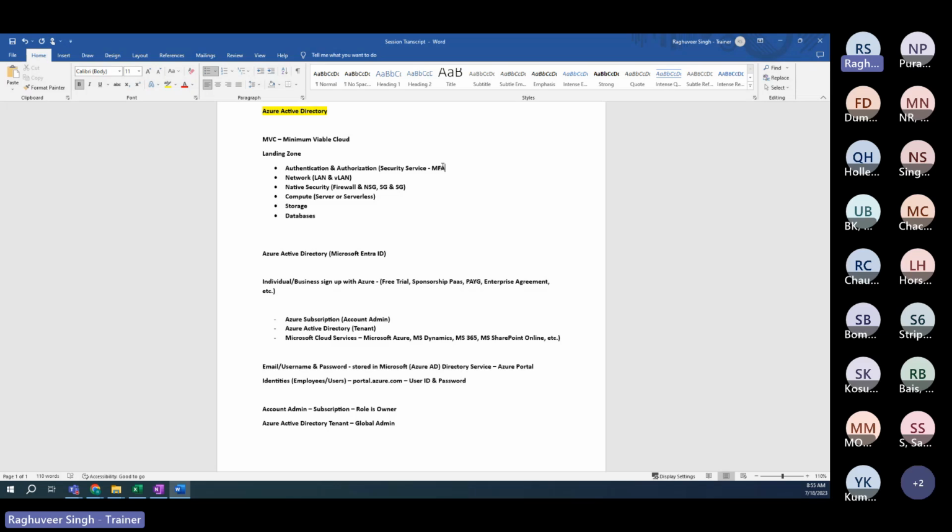It could be Windows Hello, which is what we use for MFA as well as passwordless authentication in the Microsoft Azure world. We can also use Microsoft Authenticator for passwordless authentication, which means you don't need to type the password. You don't need to remember any passwords. Just type the user ID, your username, and the authenticator will help you to sign in without providing the password. So there are ample opportunities when it comes to MFA.